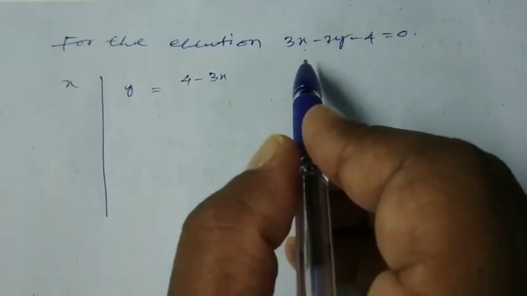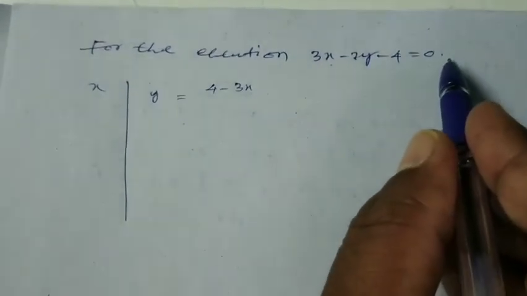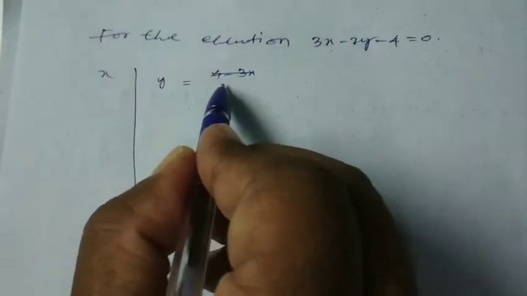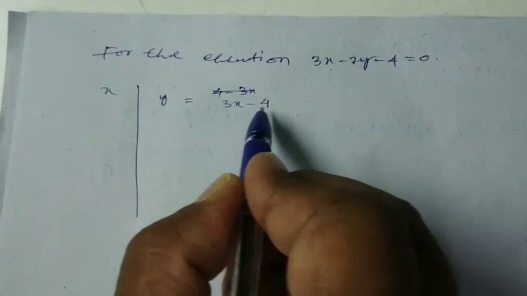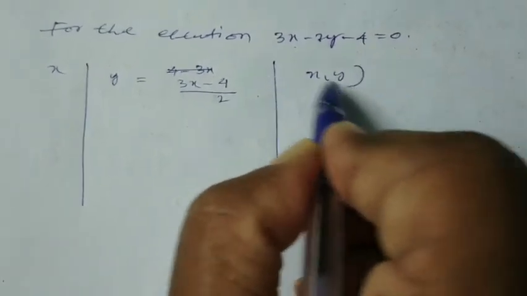Minus 2y transfers to the other side and changes to plus 2y. 3x minus 4 is written as it is. So y equals 3x minus 4 by 2. Right. Next, x comma y.